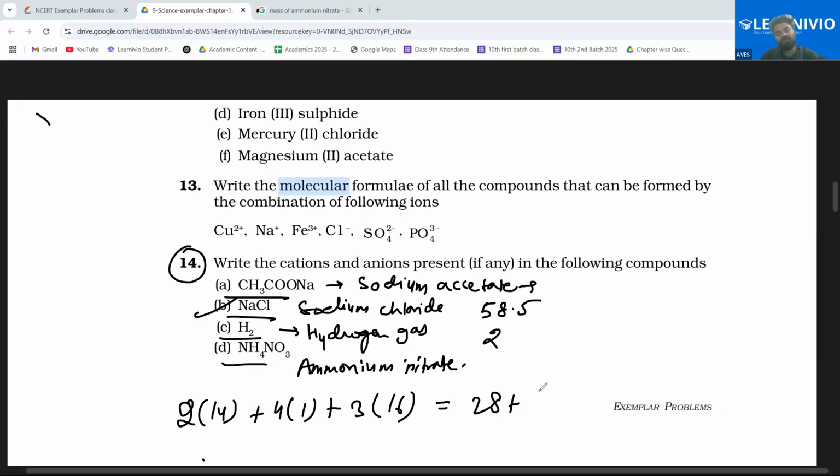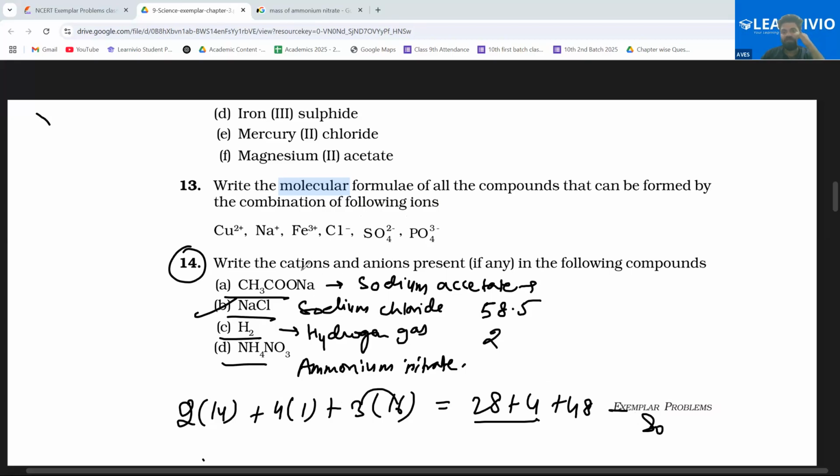We get 28 plus 4 plus 48, and when you add, you get 80. Very good.